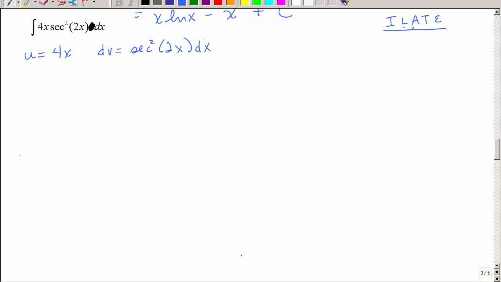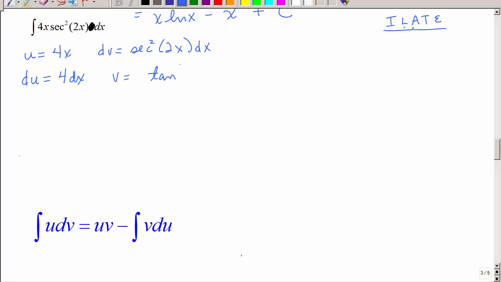Alright, so let's just check. So we have u, so it means I have to take the derivative. If I have dv, I have to find v, which is the integral. How do you integrate secant squared? Well, it's the tangent of the same angle, but we have to have the derivative of that in the integral, so I have to offset it by the 1/2.